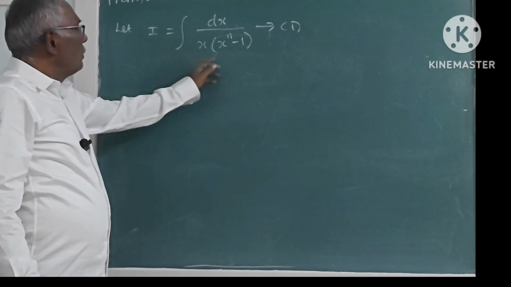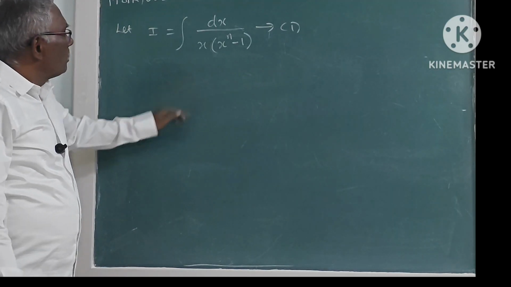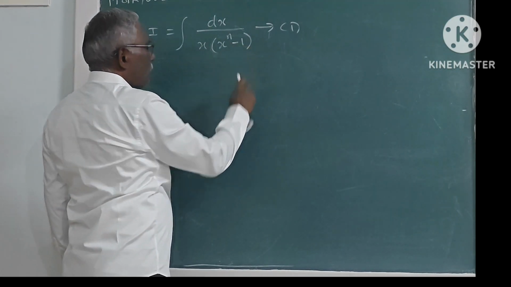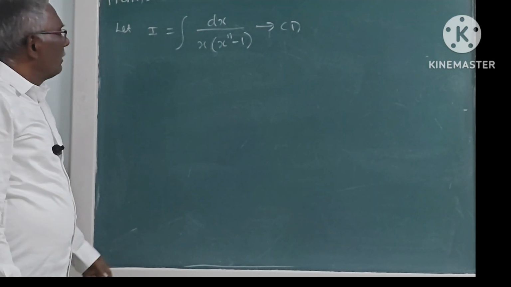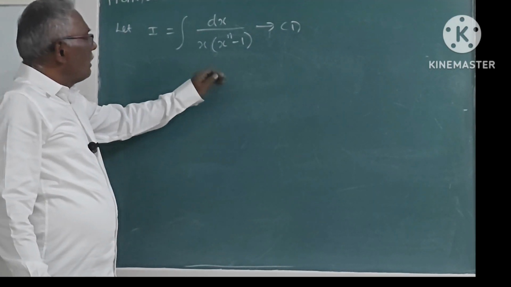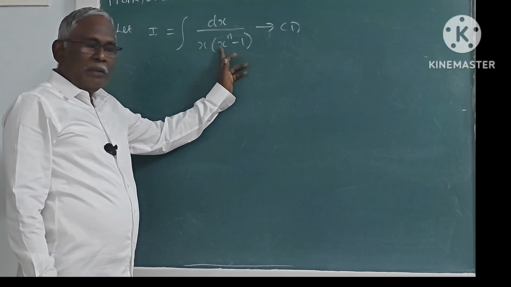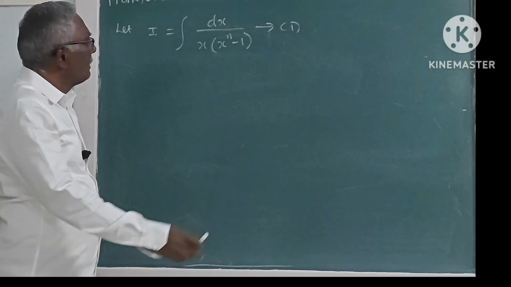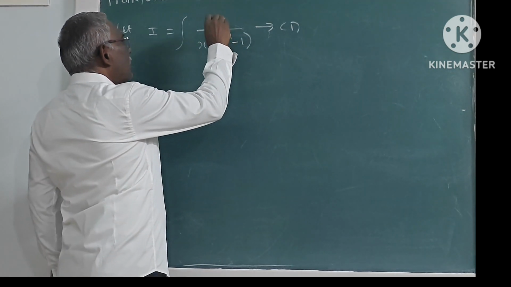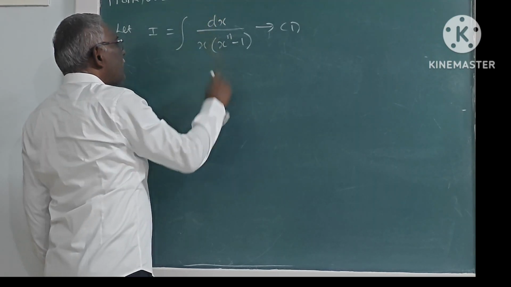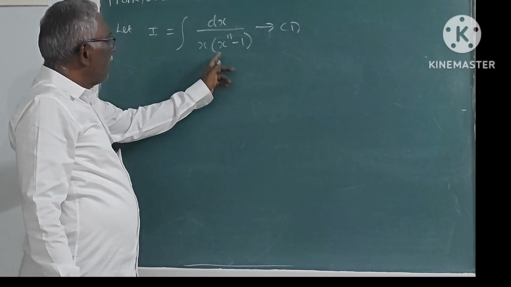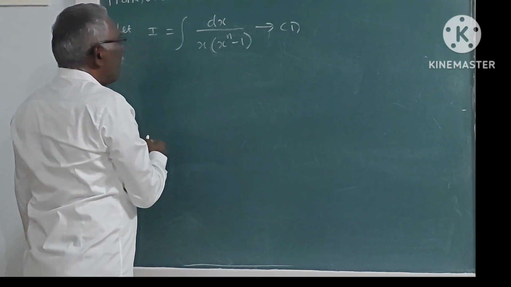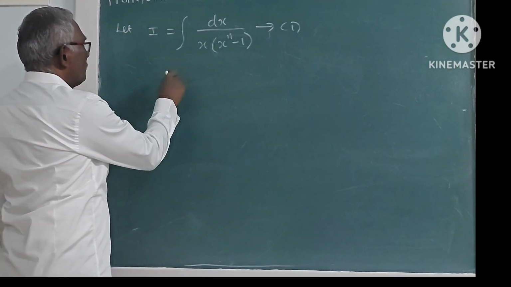Now let us see how to evaluate this integral. In the denominator we have x into x power n minus 1. So normally if we differentiate x power n, what will come? n into x power n minus 1. So that means we multiply numerator and denominator by x power n minus 1. We'll see what happens.